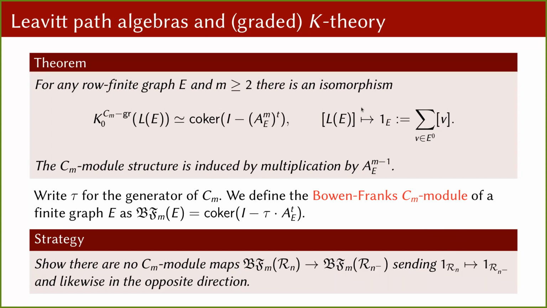So LE gets mapped to the sum, and a unital map should send this sum to the other, so it should preserve the element 1e. And so we will see that there are no Cm-module maps that send 1 of Rn to 1 of Rn minus, and likewise in the opposite direction. Okay, so I think those are all the definitions.